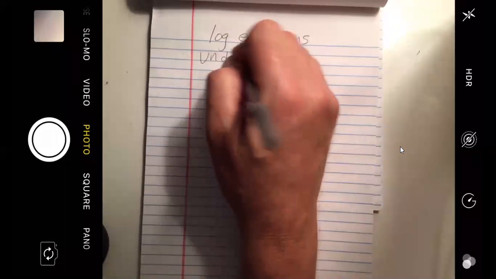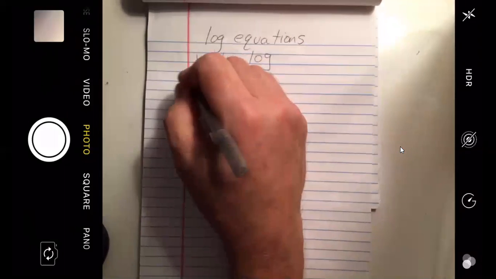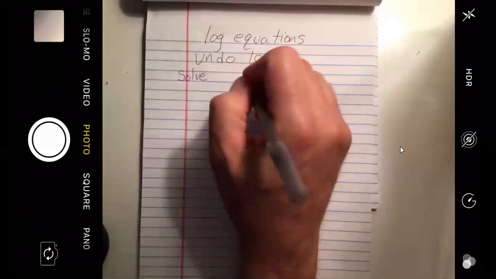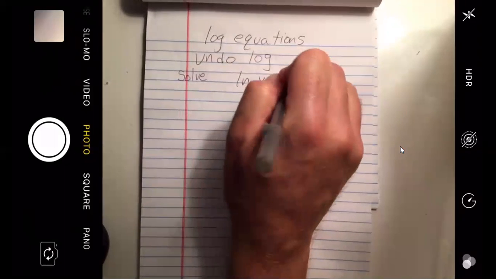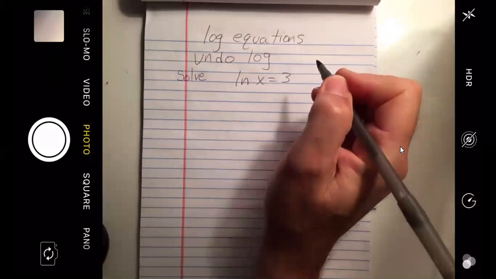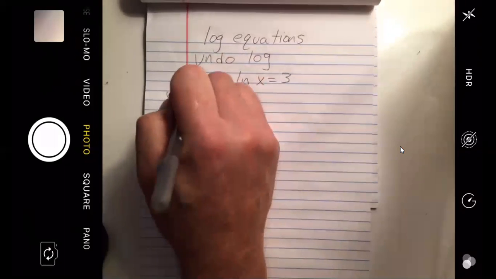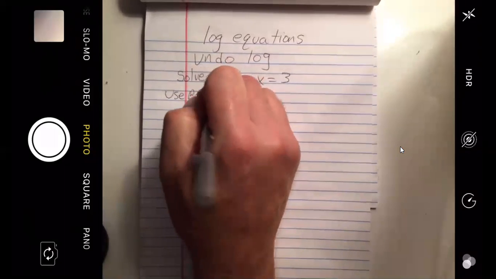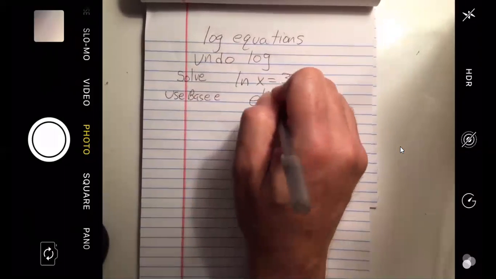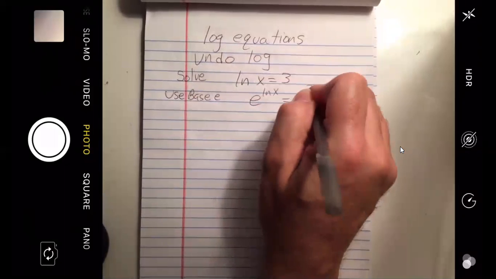Let me just try a really simple one. You want to undo your log. Now, if I wanted to solve ln of x equals 3, I would use base e. e to the ln of x equals e to the 3.